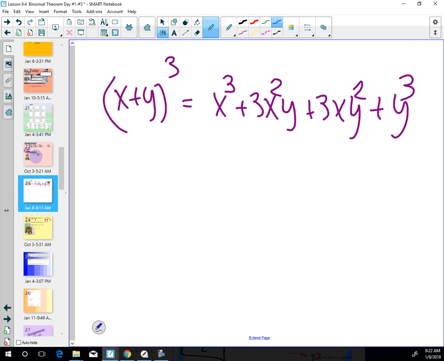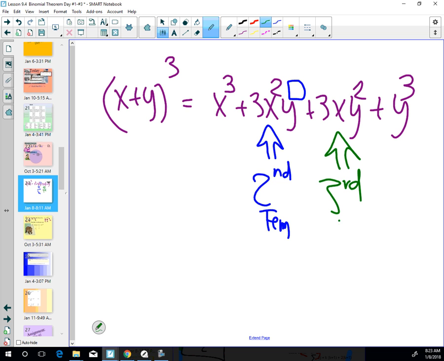Now, let's say we're looking for the second term. That's this one. What's the power of y? 1. Let's look at the third term. What's the power of y this time? 2.